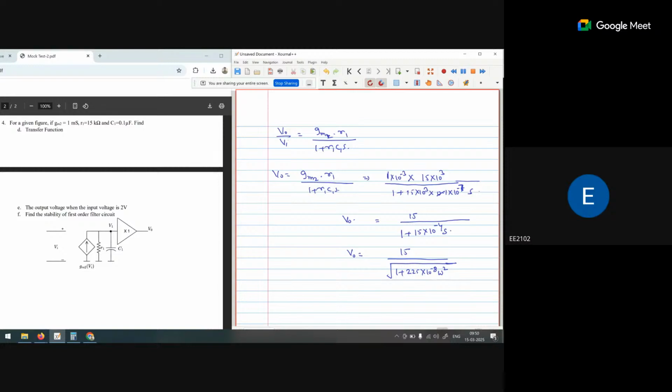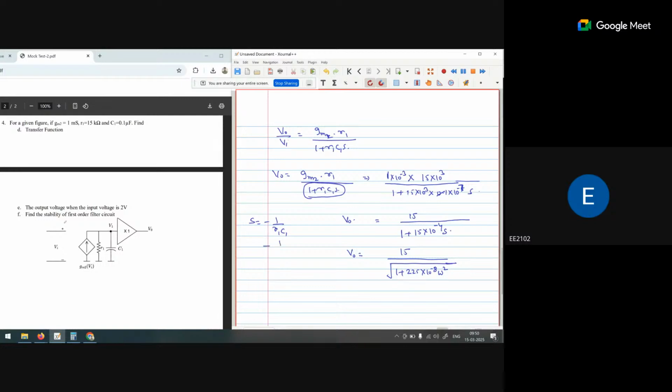Okay, and find the stability of the first order filter circuit. So how do we check the stability? The root should be in the left half plane. So if I calculate the pole of this, s is equal to minus 1 upon R1 C1. Now what is the value of R1 C1? 15 and 0.1.